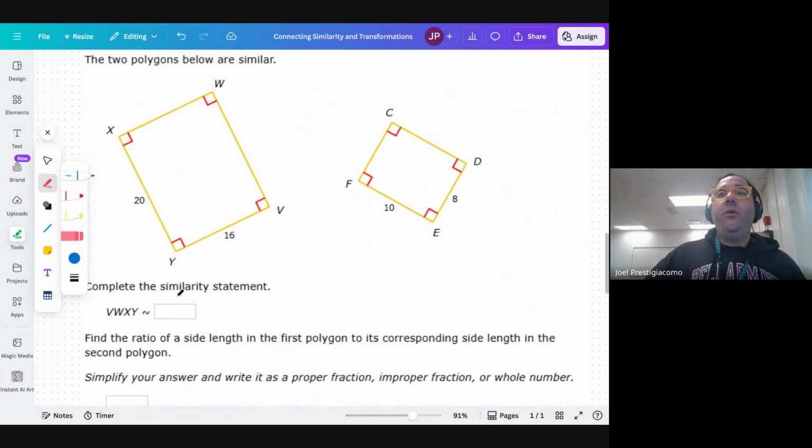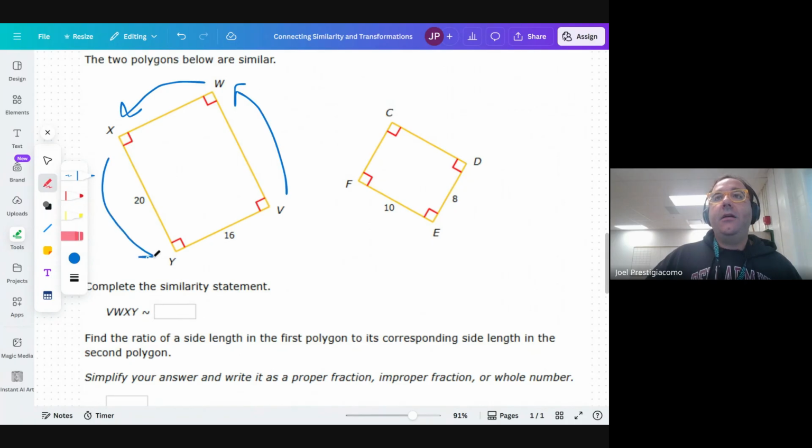Okay, so we've got VWXY, so V to W, W to X, X to Y. If we look here, we can assume, because of the shape, that this is a parallelogram, and from V to W is 20. It's the longer of the two sides. So we go long side, short side, long side.